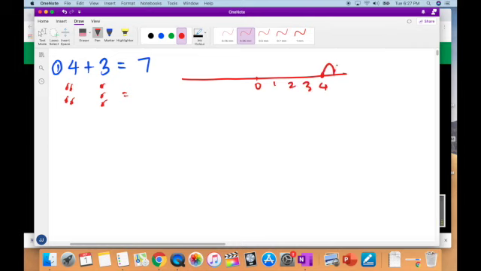So I add 3, 1, 2, 3, and I end up on 7. Nice. Caitlin, do you understand how I proved this using counting and a number line? Alright. You see, we're starting at the very, very beginning.